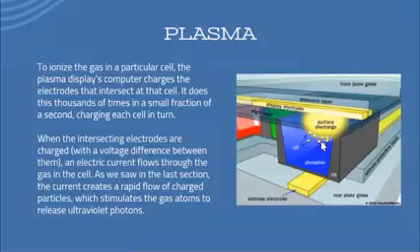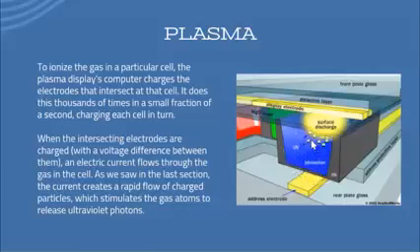Remember that each cell contains a gas, either neon or xenon. When the intersecting electrodes are charged with a voltage difference between them, an electric current flows through the gas in the cell. So when they give voltage to the cell, it will provide an electric current flow towards the cell.